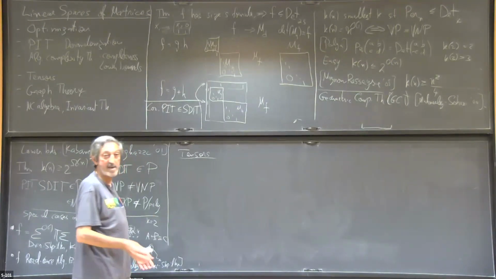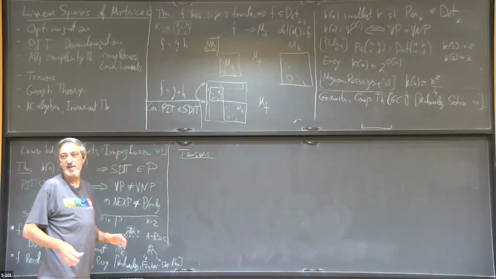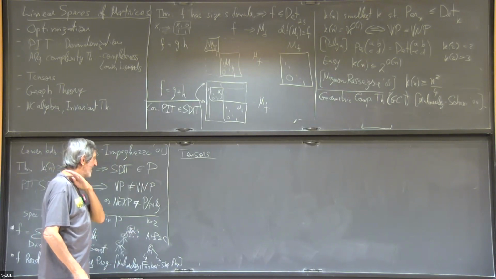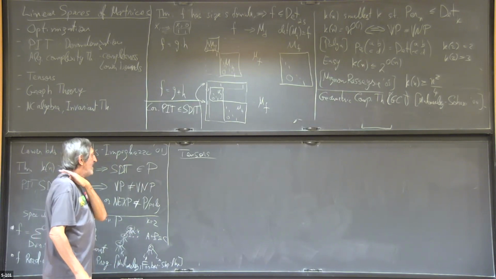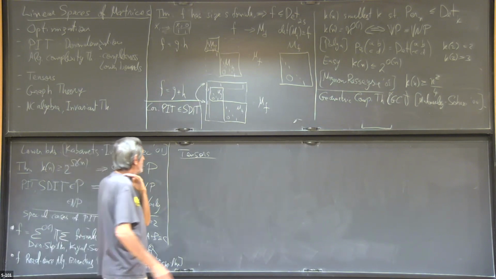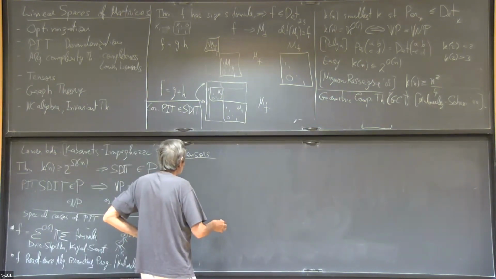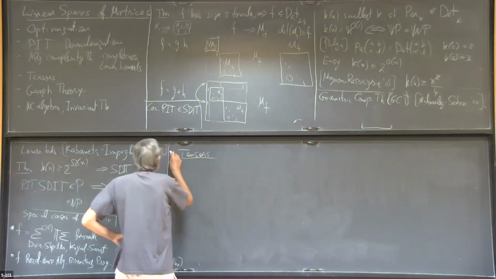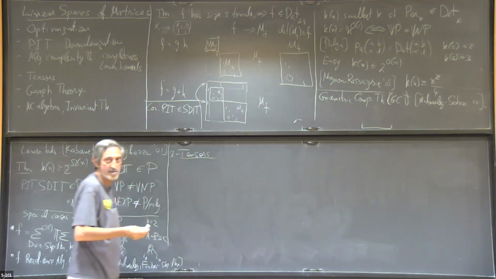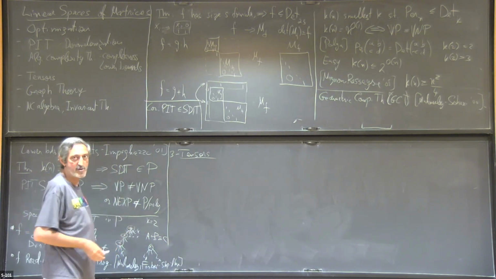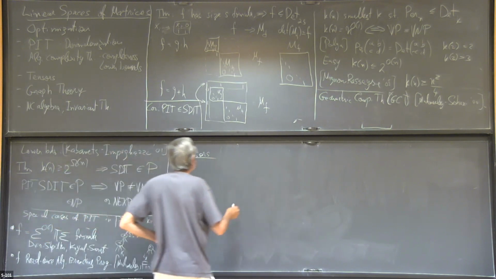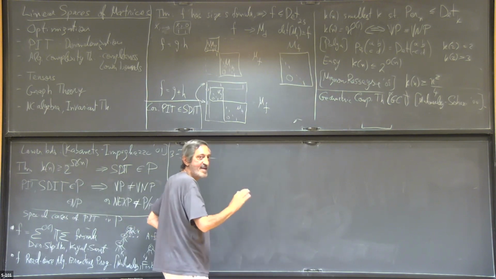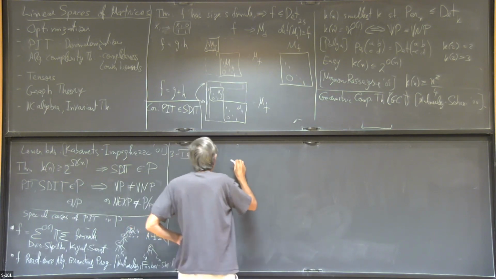I gave an introductory talk on tensor rank in May or June; it's on the web if you want to watch it. I'll just consider three-dimensional tensors for now. You can consider tensors of any dimension, it's just easiest to think about this, which is beyond matrices. Matrix rank is easy to compute. So now we want to talk about things that are hard.